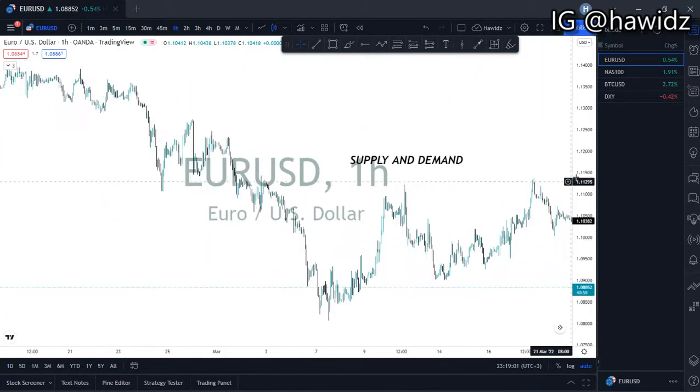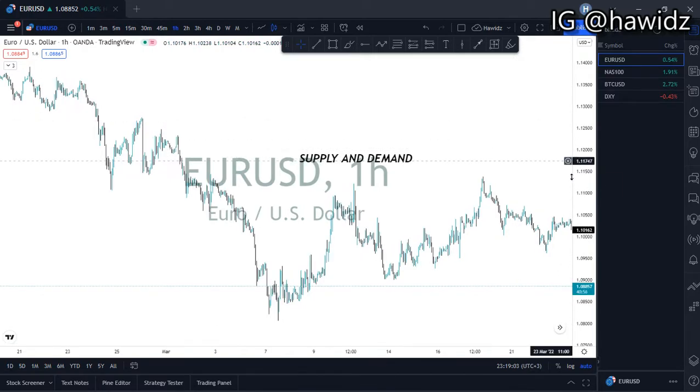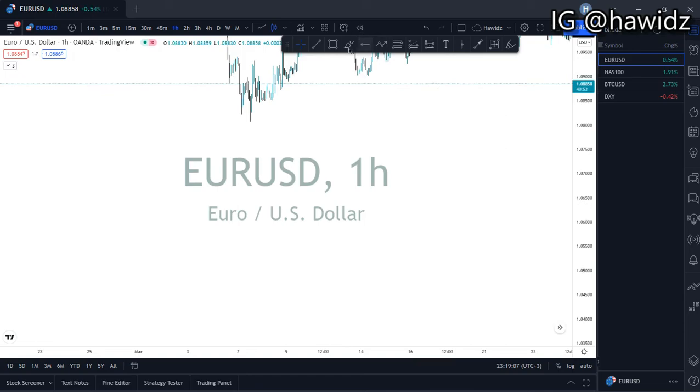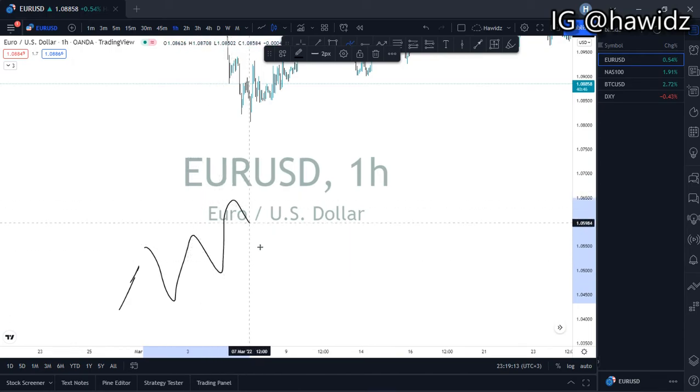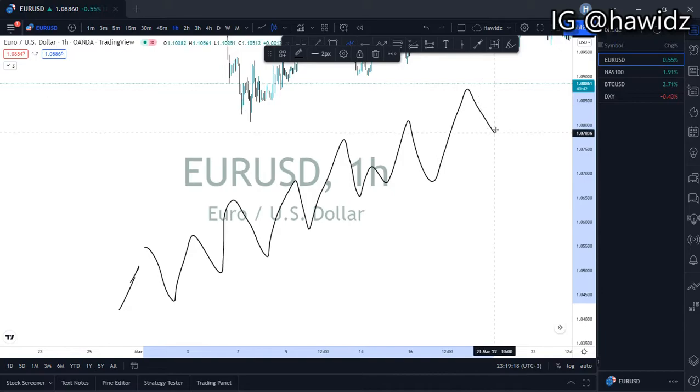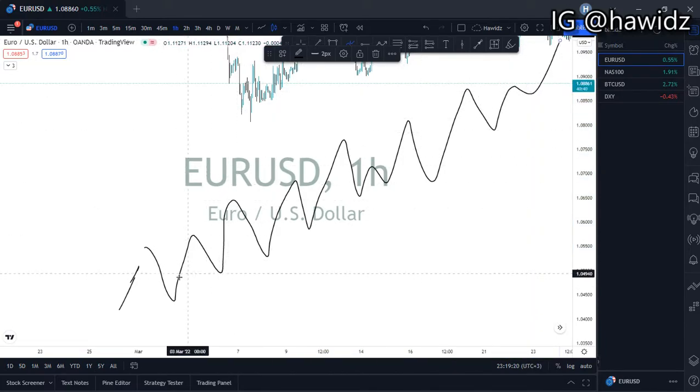Because if an uptrend is going like this, right, we're forming this uptrend right here. What we are looking for is areas to buy from. Now those areas to buy from are what we call demand zones.